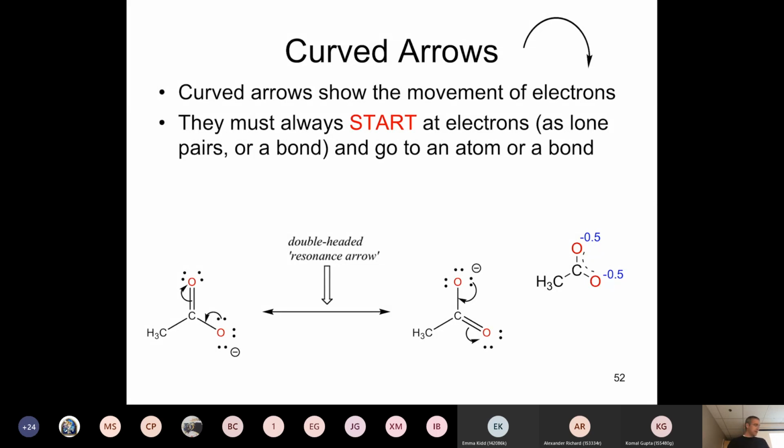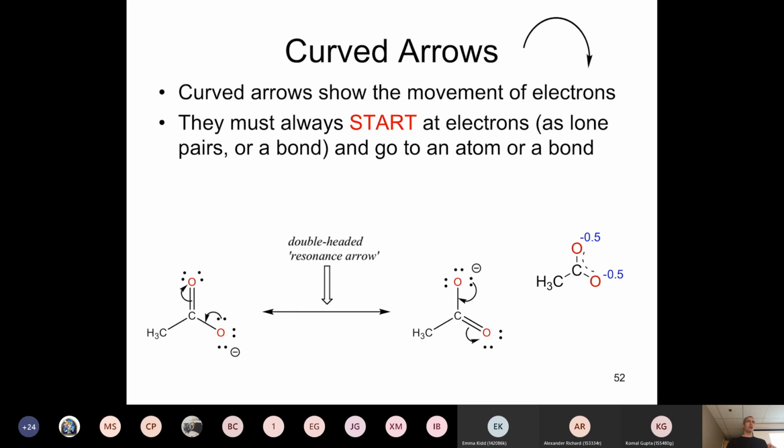So basically what we're showing is, in this structure, you can see these curved arrows that we're using. What they mean is they always must start, the beginning of the arrow, the non-pointy end, must always be starting at an electron pair, which is either a lone pair or a bond.